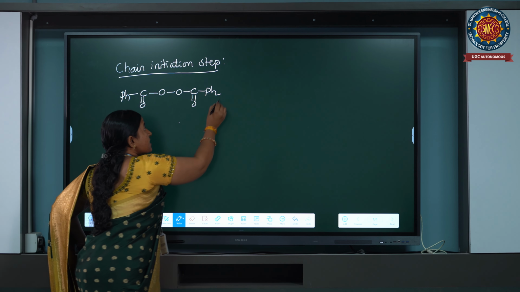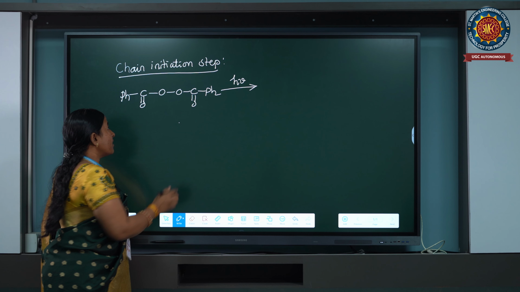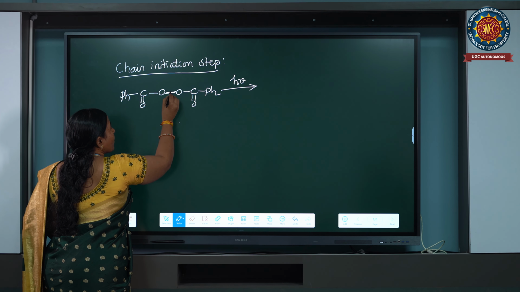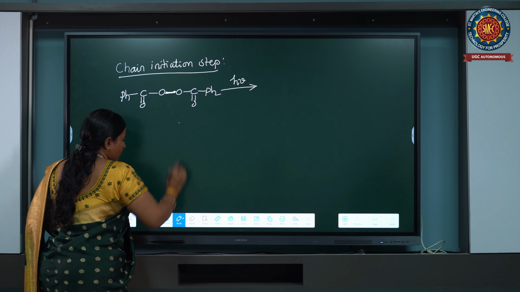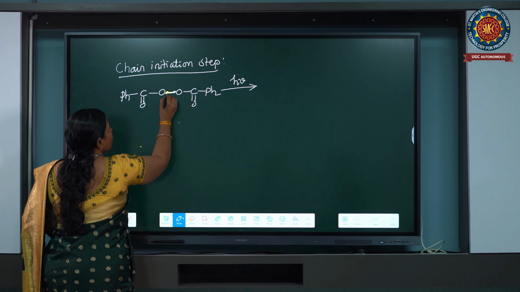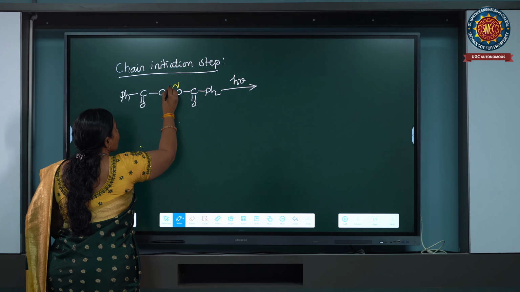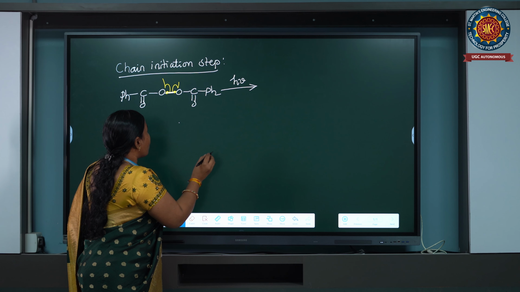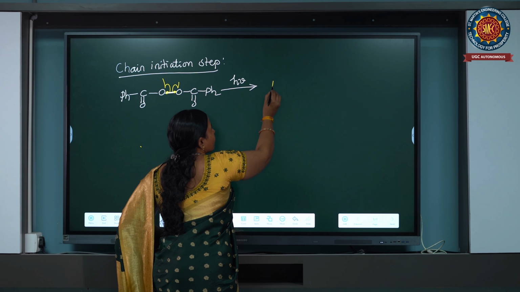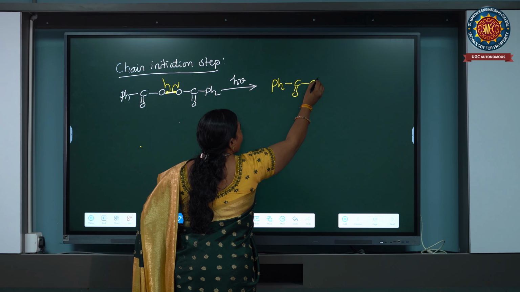Now, in the presence of sunlight or temperature, this bond undergoes homolytic cleavage, that is, the two electrons present split, and we get Ph C double bond O O radical.